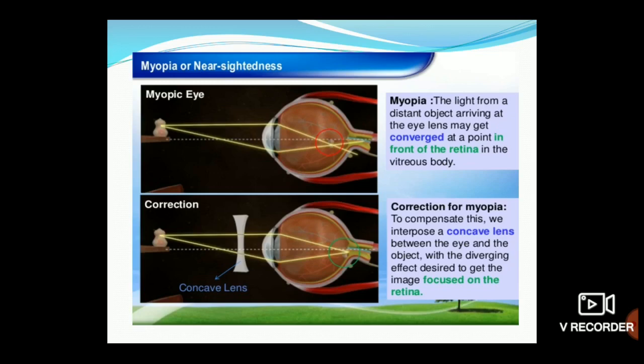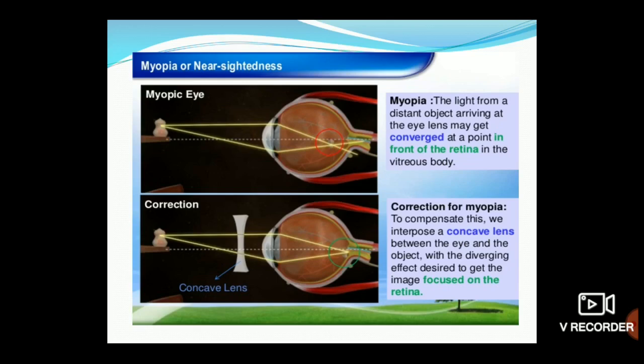This defect may be due to either excessive curvature of the cornea or the elongation of the eyeball. These are the two causes. But keep in mind, children, this defect can be corrected by using a concave lens, or we can say a diverging lens of appropriate focal length.